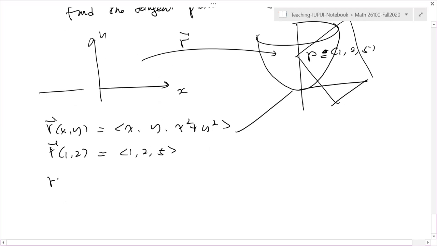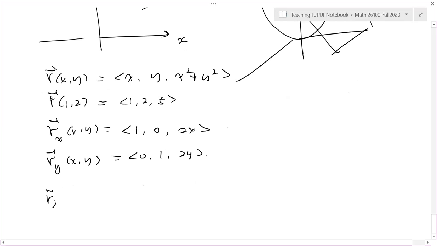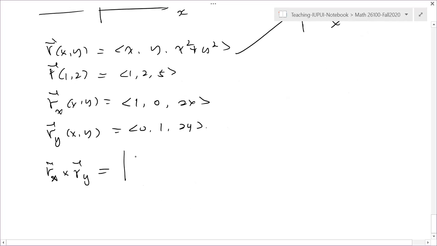So what is the vector r_x? It is (1, 0, 2x). Now r_y is (0, 1, 2y). And I want to look at the cross product. The cross product is the determinant with i, j, k, then 1, 0, 2x, then 0, 1, 2y.